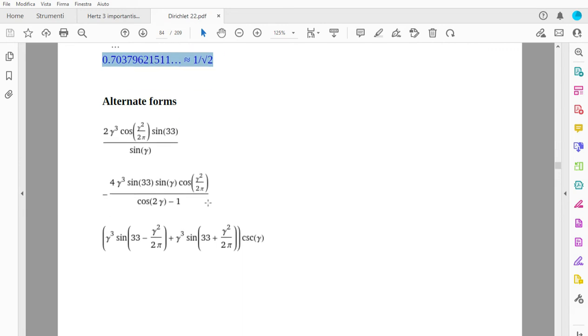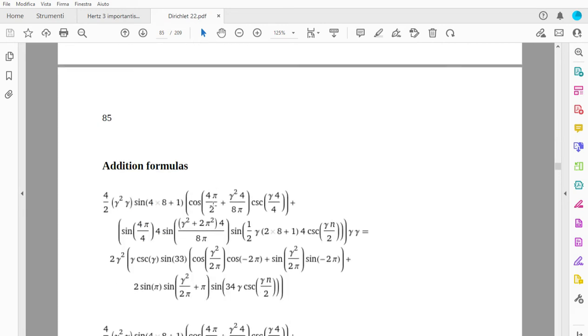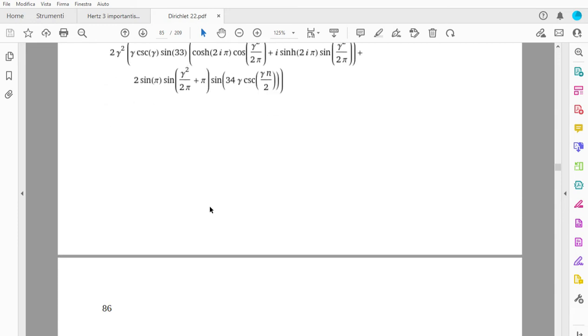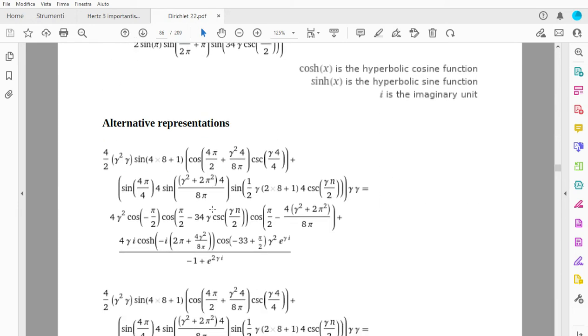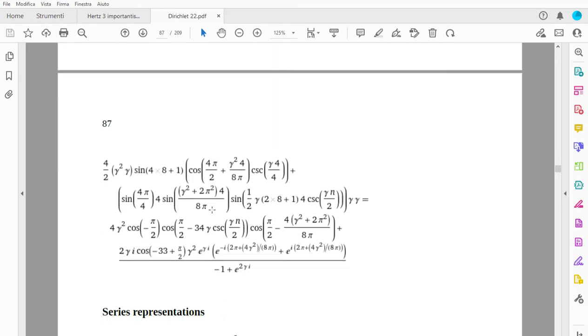Also here the study of the function, addition formulas, alternative representation, and so on.